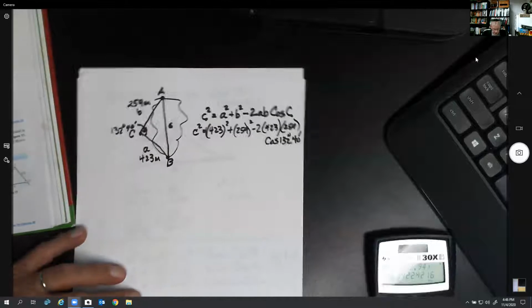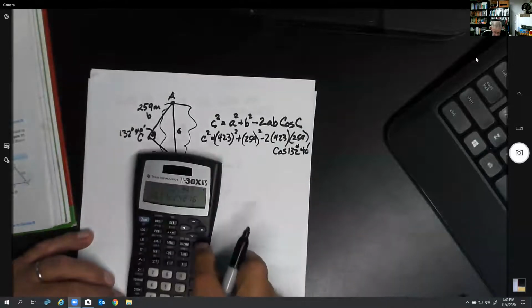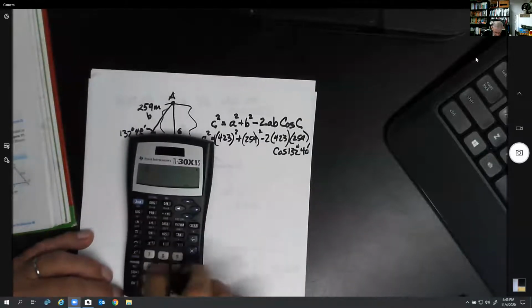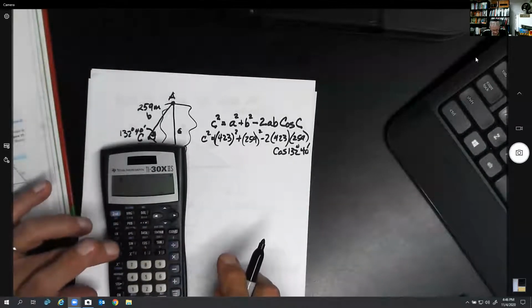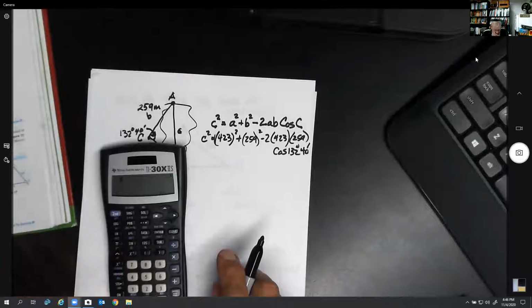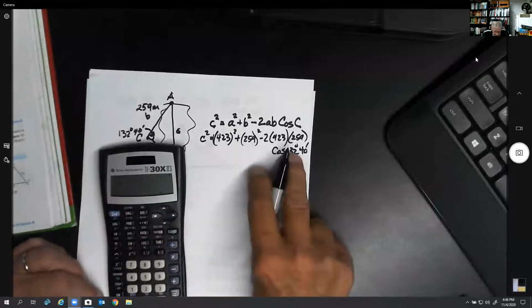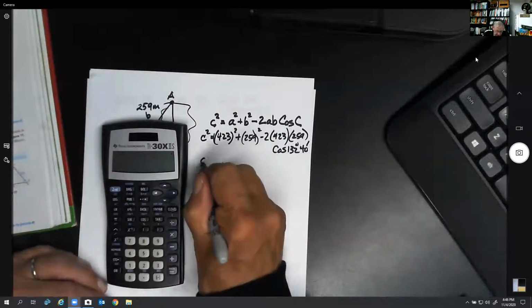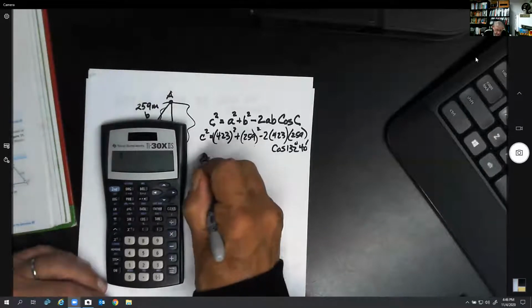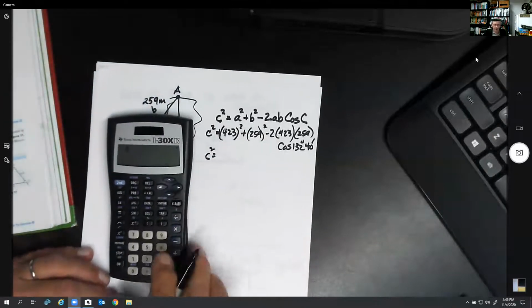So we've got our work cut out for us. Let's put it in. You could start off by hitting second x squared right away and take the square root, but I think it's a little easier to calculate this and then take the square root at the end because we want c. But right now we're going to find c squared.